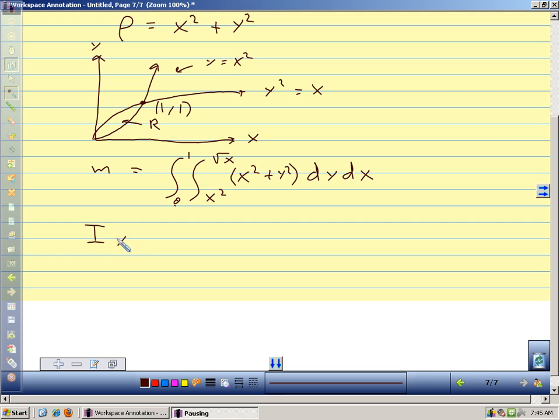So I sub x is the integral, same limits, x squared plus y squared, and we're weighting this by the square of the distance from the x-axis, so that's going to be y squared.